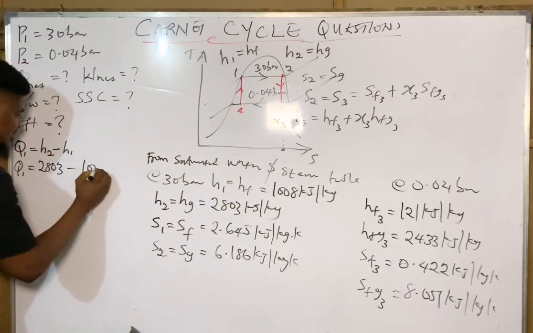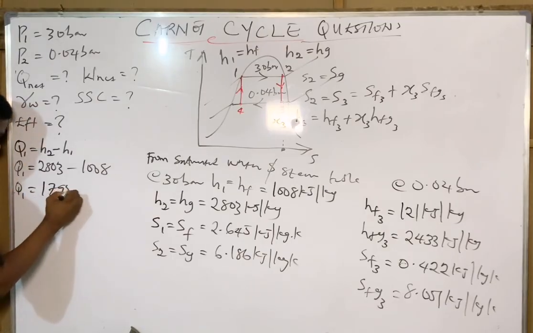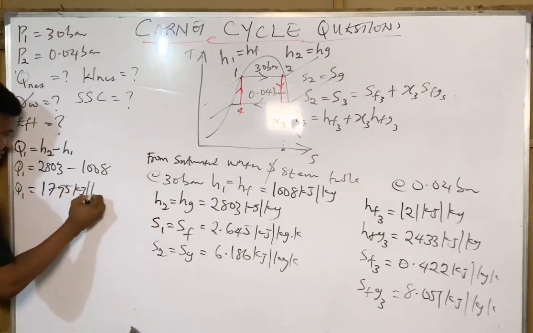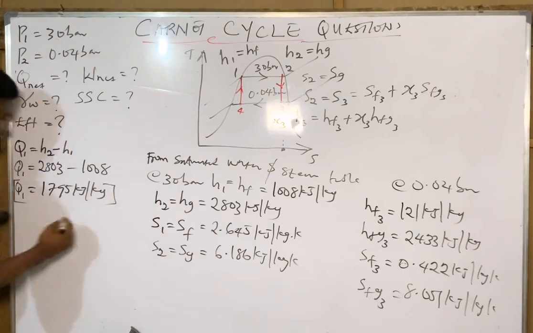So our heat supplied is 2803 minus 1008, which gives us 1795 kilojoules per kilogram. This is heat supplied into the system.